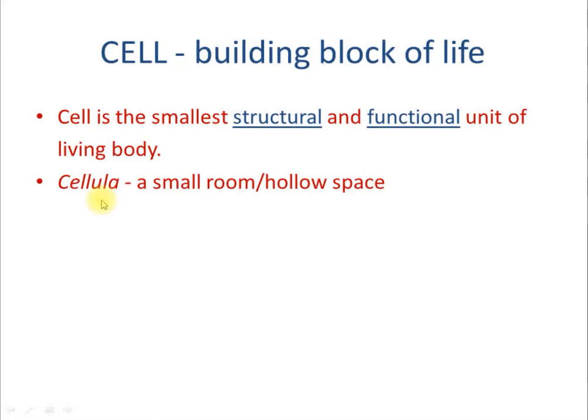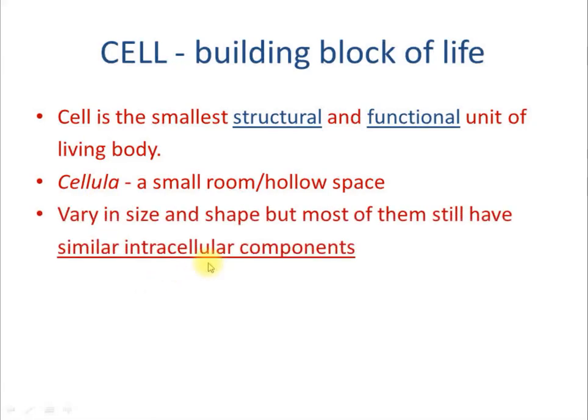So moving ahead with the same topic, today we are going to emphasize the variation in the size and shape related to the cells. But along with this, it is important to learn that even though there is so much variation in size and shape of the cells, most of them still have similar types of intracellular components.